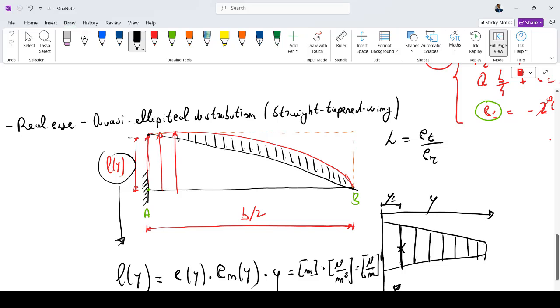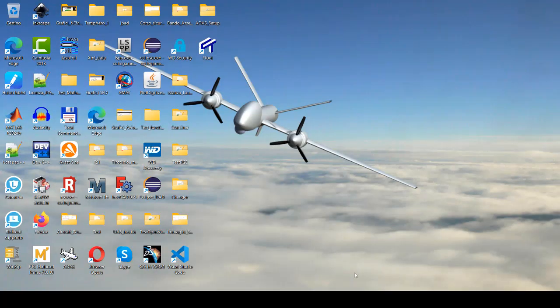Now let's move to see an example obtained from ADAS. ADAS is a software developed by Professor Fabrizio Nicolosi of the University of Naples, of the DAF research group in aeronautical flight mechanics of the University of Naples. Now I open an Excel.